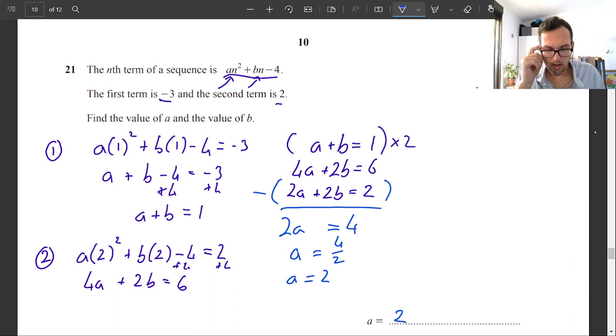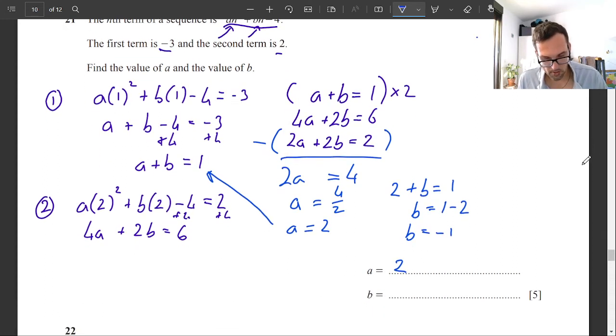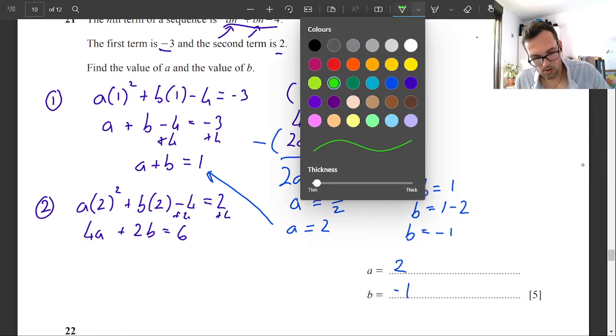Okay. Now to find b, let's substitute it into one of these equations. The obvious one is that one there because it's so easy. So if a is 2, I get 2 plus b equals 1. That means b is 1 minus 2. b equals minus 1. Sweet. If you can, always check your answer.